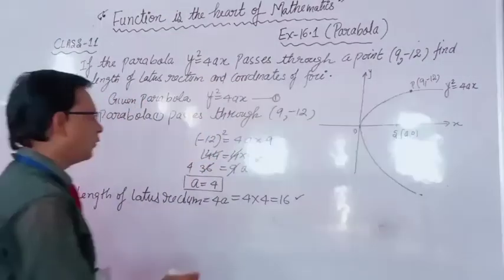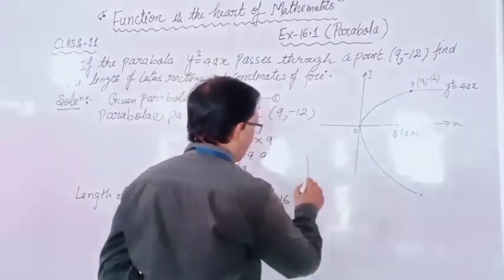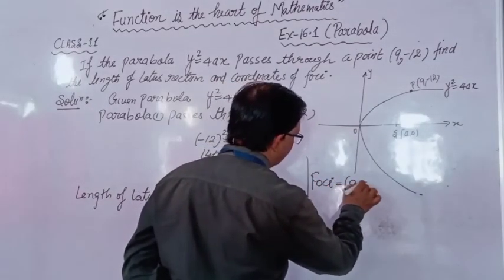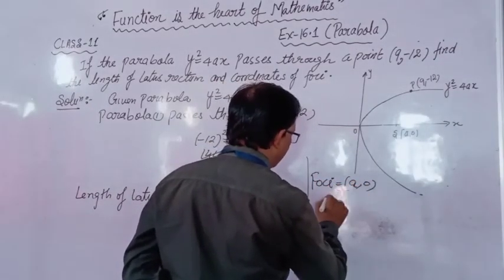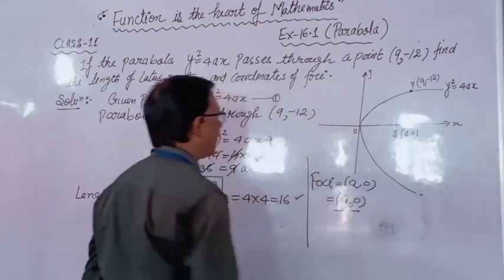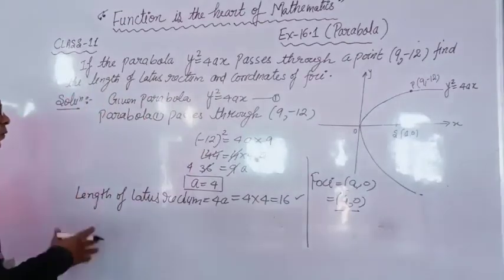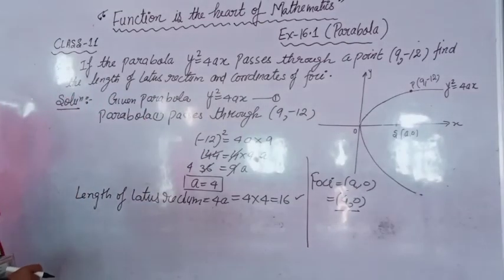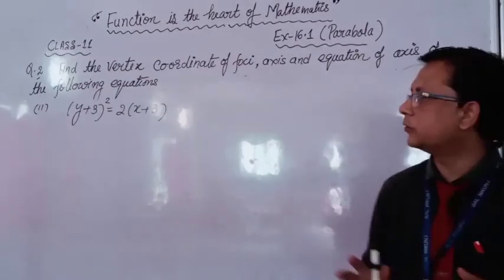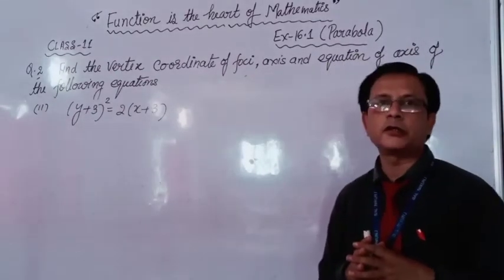Now coordinate of focus and the focus is a, 0. The value of a is 4, so this is 4, 0, this is your final answer. So student note down and this is also a good question for you. Y plus 3 whole square is equal to 2 into x plus 3. This is also not given in standard form.